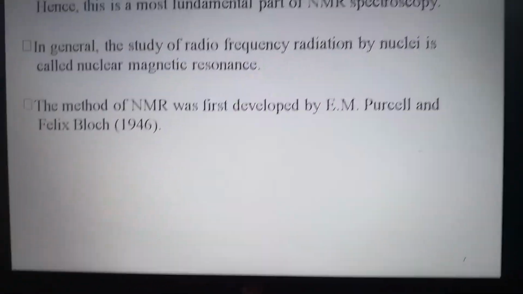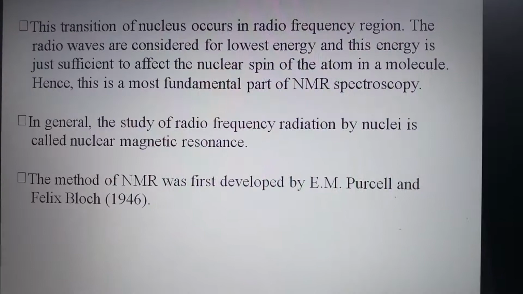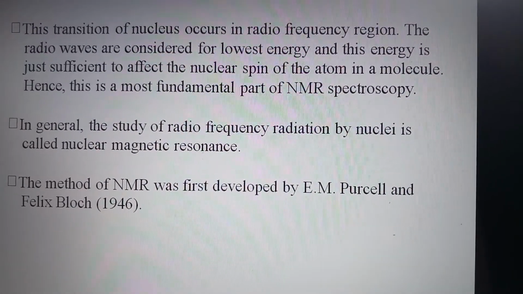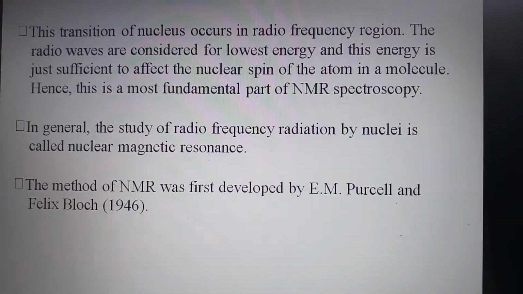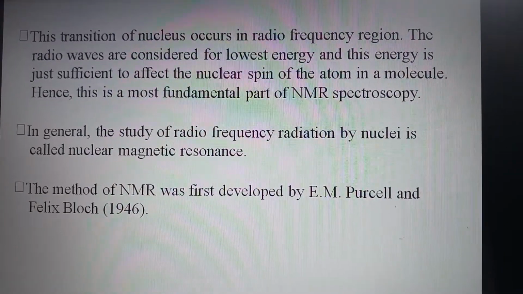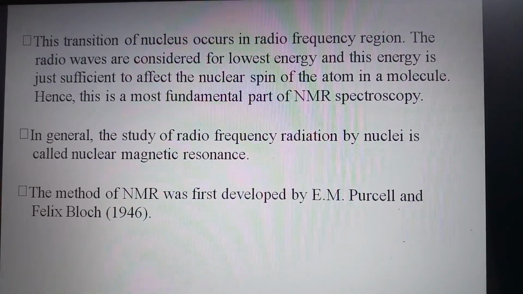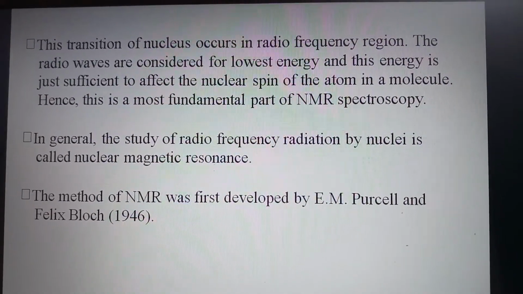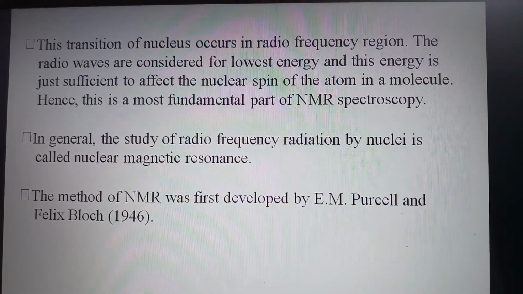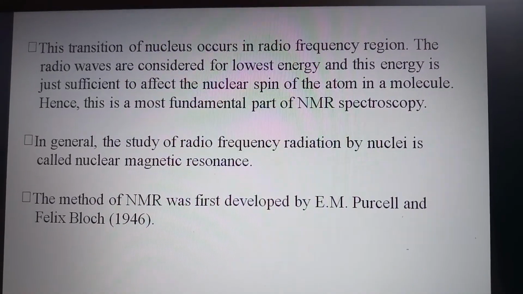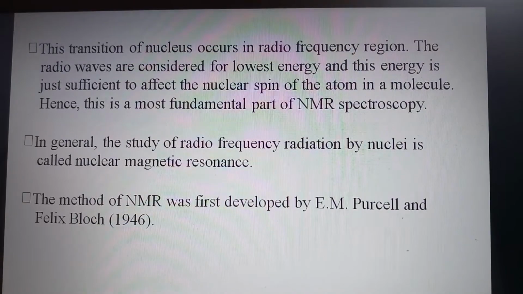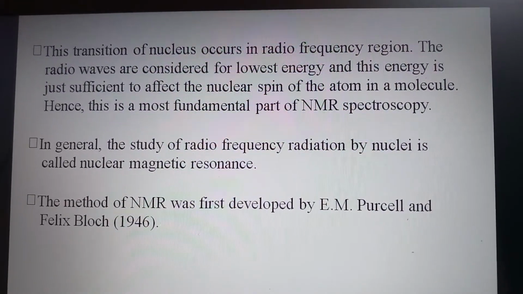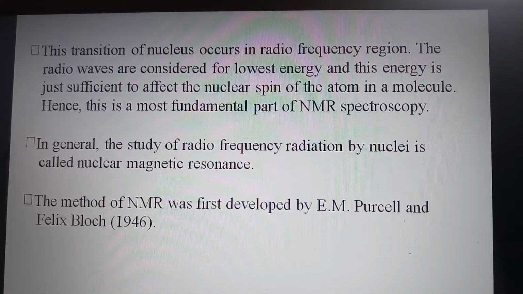This transition of the nucleus occurs in the radio frequency region. The radio waves are considered the lowest energy, and this energy is just sufficient to affect the nuclear spin of the atom in a molecule. Hence, this is the most fundamental part of NMR spectroscopy.